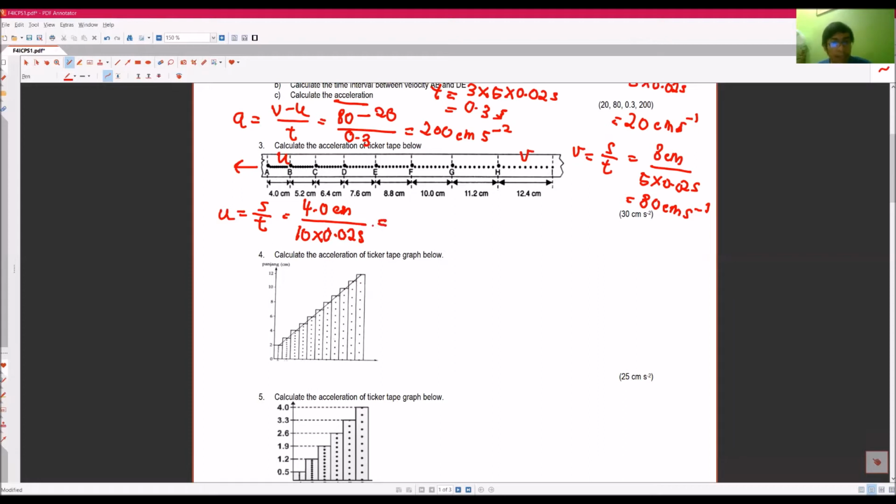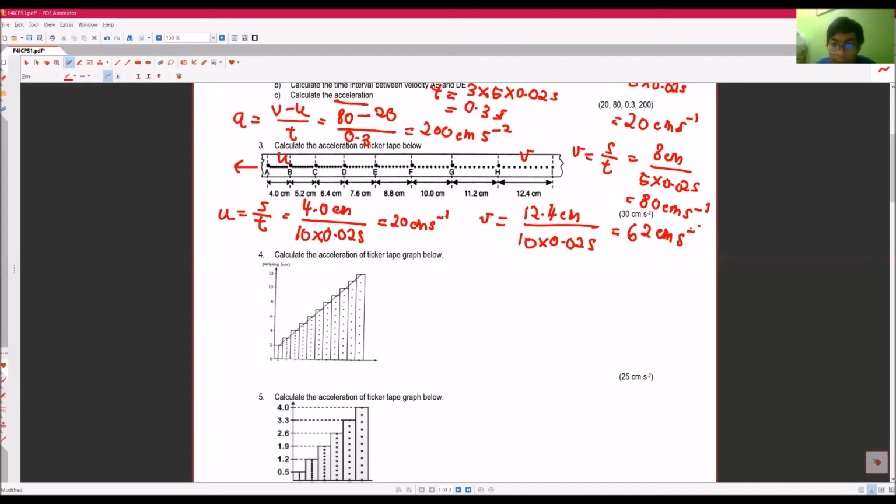So we plug that into the calculator. 10 times 0.02, we got 20 cm s^-1. So for the final velocity, 12.4 cm divided by 10 times 0.02 second, we get 62 cm s^-1.